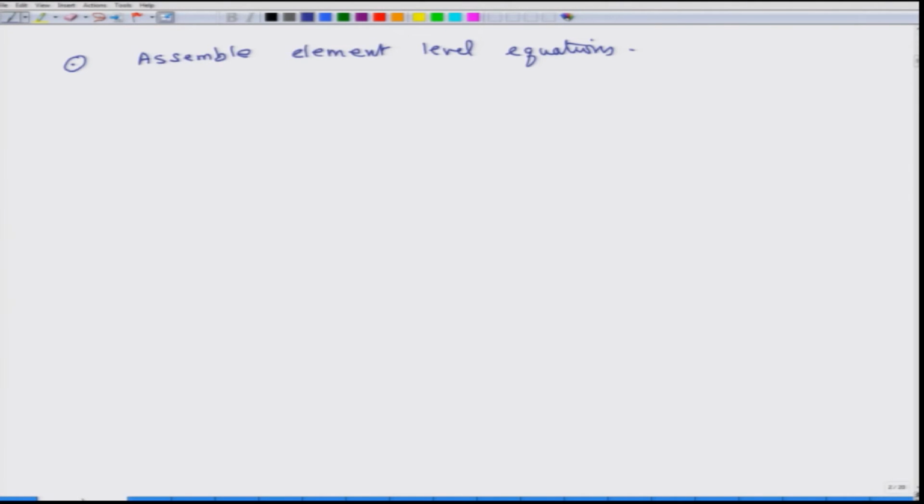And then what we get is assembly level equations. Then the next step is that I apply boundary conditions. And we will again do all this through an example. So, we apply boundary conditions.